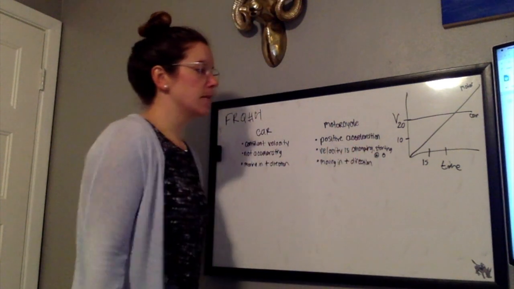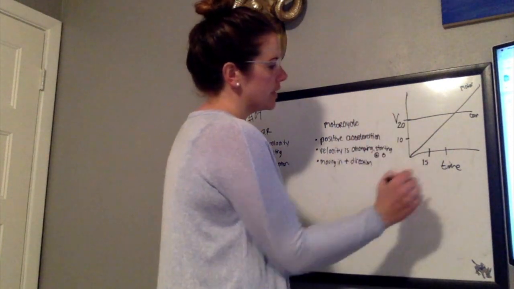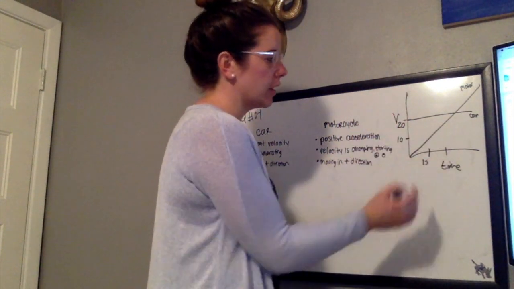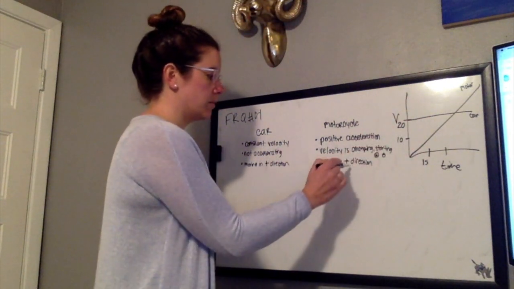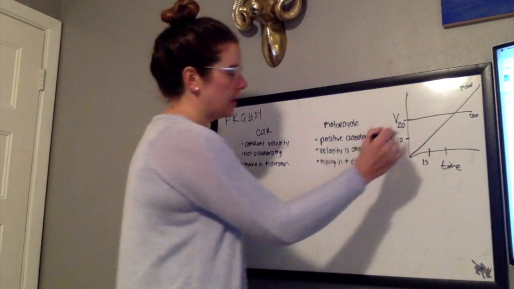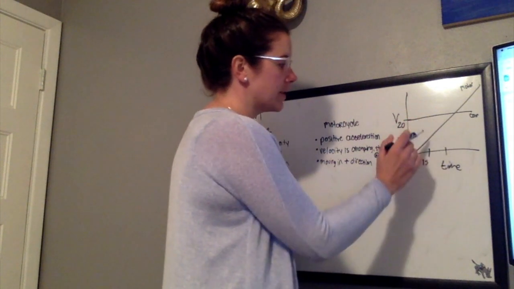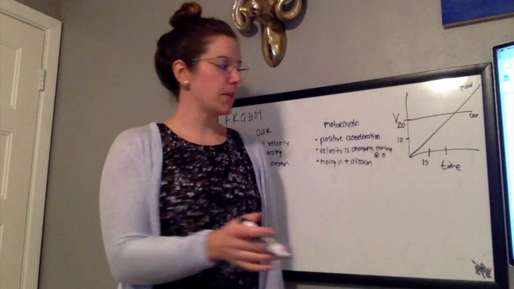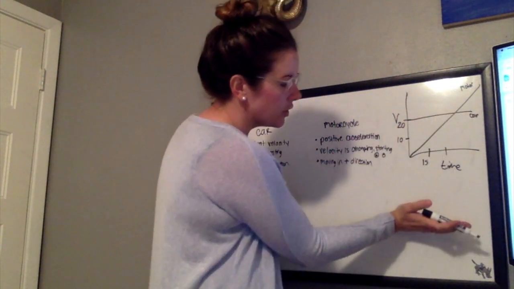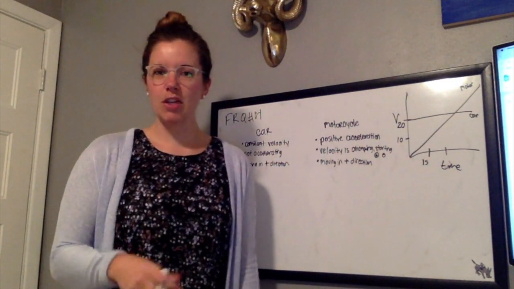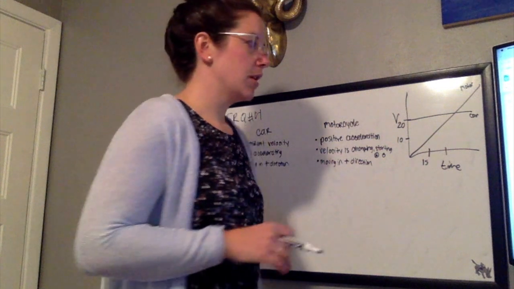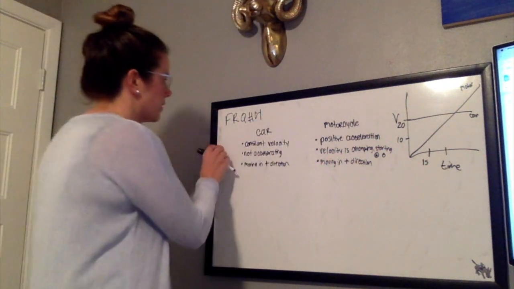The reason I know that is because, remember, on a velocity time graph, the area under the curve is your displacement. If this area is positive, that means it has a positive displacement. If these lines were under the axis, then it would have a negative displacement. That just means it would be moving in the opposite direction compared to your observer. So here we go. These are the points for part A.